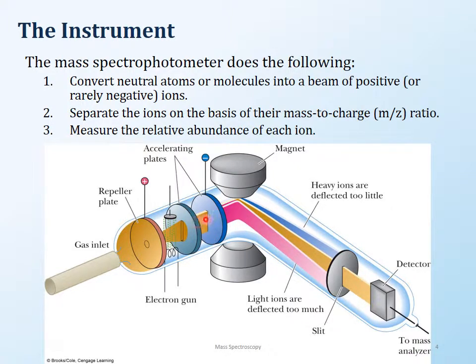And all the fragments then start accelerating over here, kind of like a race. And obviously, the heaviest is the loser and the lightest is the winner, and the lightest fragment comes out first and is detected first. The largest molecule or the unfragmented or the largest fragment will come out at the end, and then that is detected.